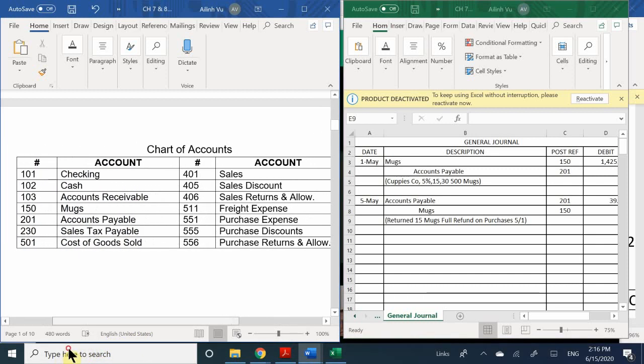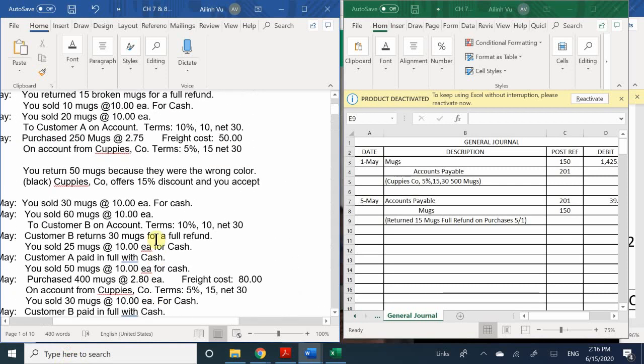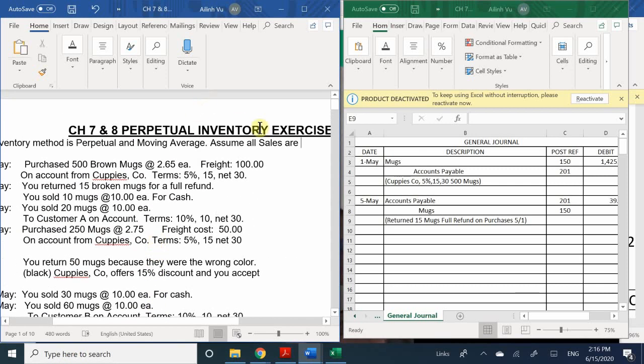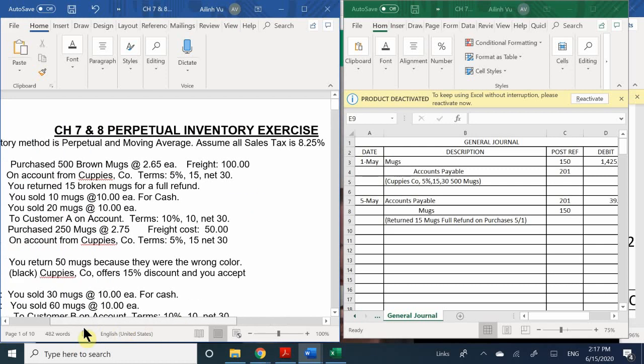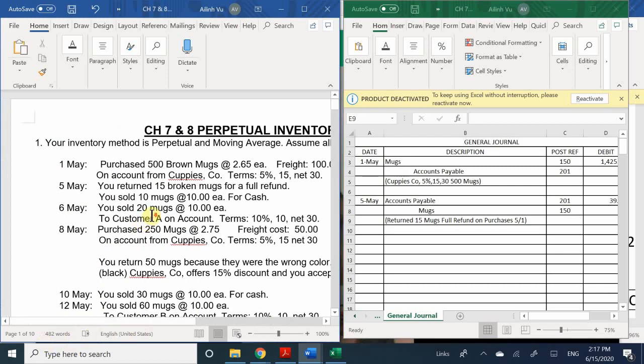I do have a sales tax payable, so I think I was supposed to write assume the sales tax is... yeah, that's fine. We could do that. Let's keep it simple. Okay? So assume that sales tax is 8.25%. Okay? So let's go ahead and calculate this sales tax right here.